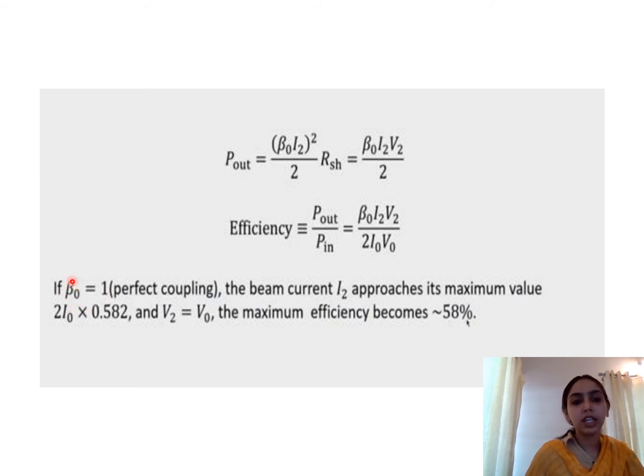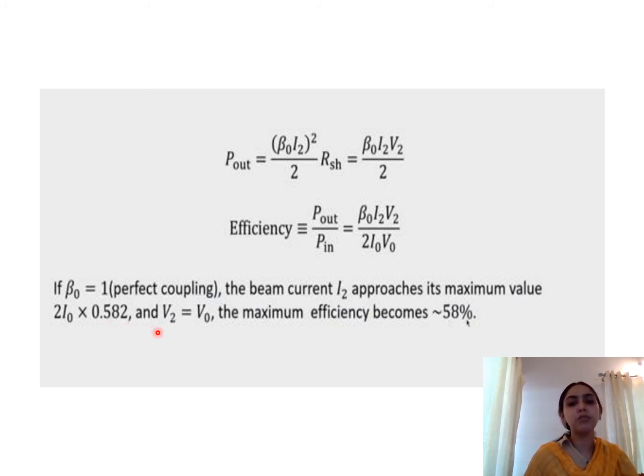Beta naught and beta I are equal and there is perfect coupling, and the beam current I2 here is approaching the maximum value. It will approximate 2 I naught J of x from our analysis. J of x is going to have a maximum value at 0.582.